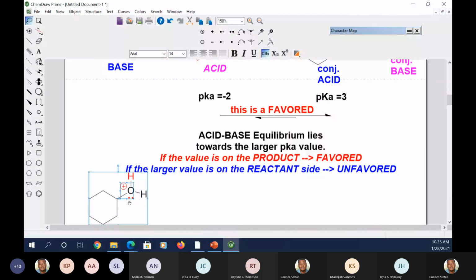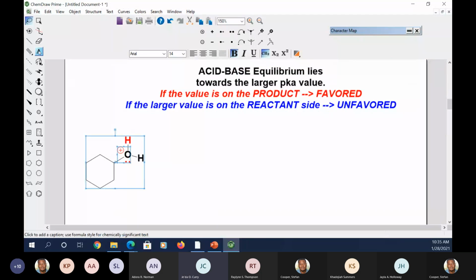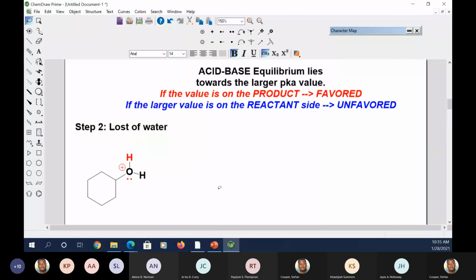All right. Part 2. Loss of water. Okay. Did I form water anywhere? Do I have water anywhere in my compound? I do. Where's the water at? Right here. This looks like water, doesn't it?